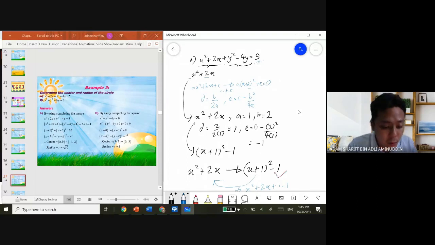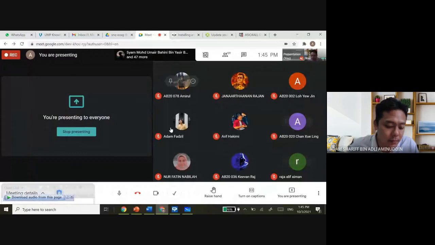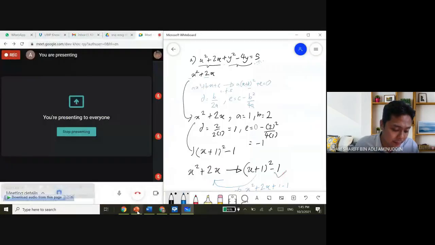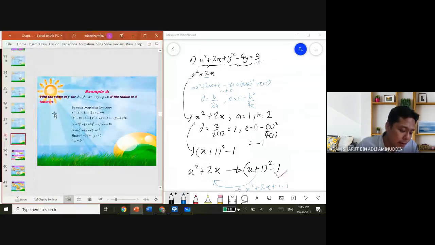D equals to B over 2A, whereas the E will be negative B squared over 4A. C selalunya kosong untuk case ni kerana kita dah mudahkan dia. Kita boleh mudahkan dia awal-awal kepada right hand side dulu. Okay, that is very important. Okay, yang ni lepas dah complete the square baru boleh terra.